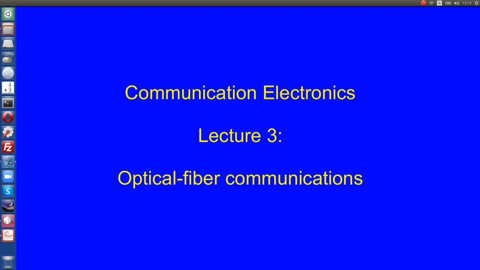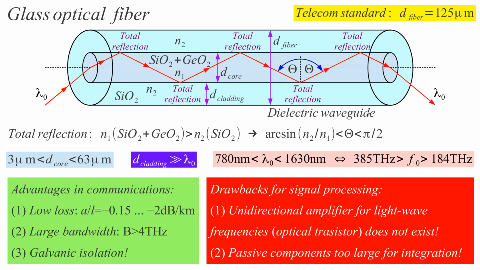So let's now continue with the lecture on optical fiber communication. What we learned in the previous hour is that we are using fibers made from glass, weakly guiding, so a very small difference of index between core and cladding, but that was the condition for low loss.